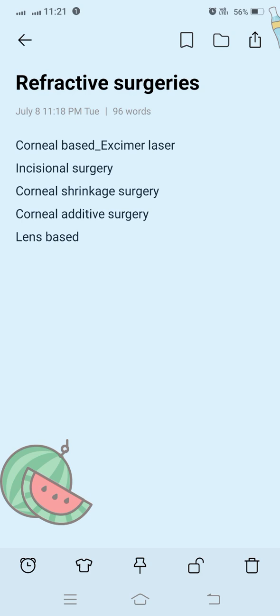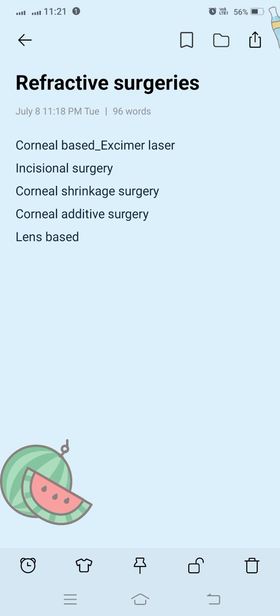Second one is the LASEK, laser assisted epithelial keratectomy. This is a surface ablation technique like the PRK. Epithelium is removed as a sheet using alcohol. Then stroma is selectively ablated with excimer laser.